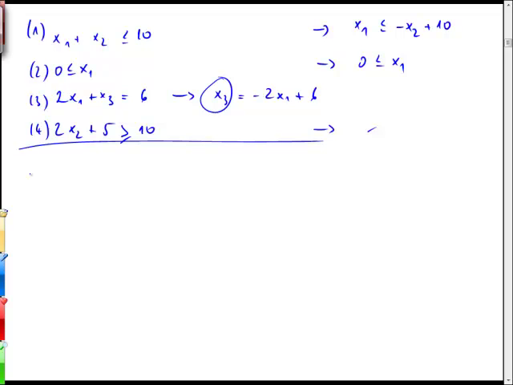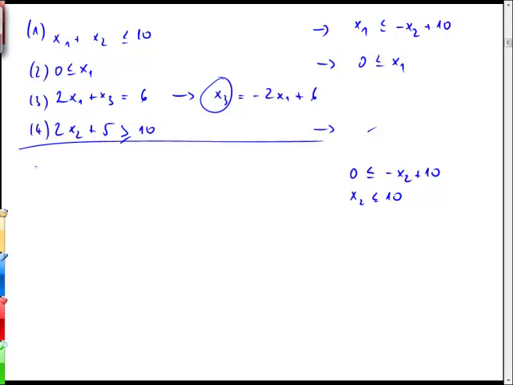What is the condition for the existence of such an x1? Yeah, that the interval defined by this lower and upper bound is not empty, and the interval is 0 and minus x2 plus 10. So 0 is less or equal minus x2 plus 10. That means x2 is less or equal 10.